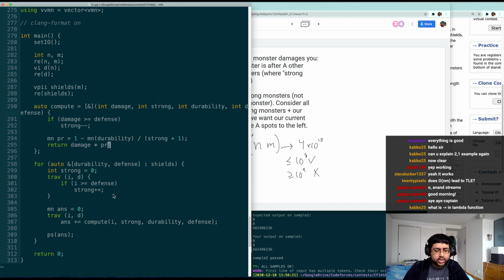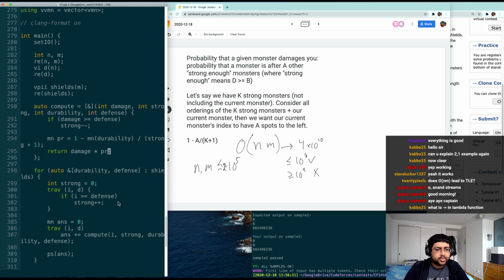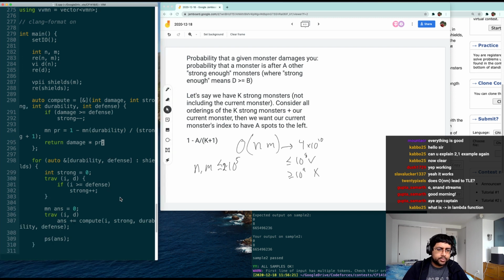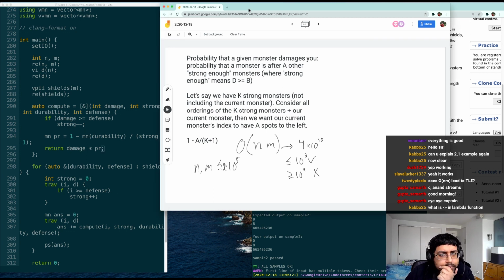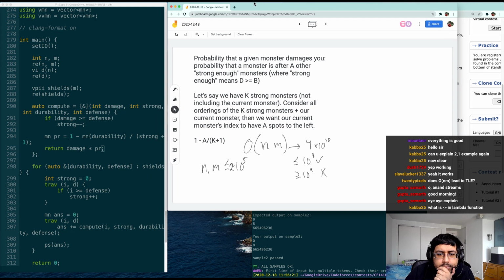So this definitely works, but it could stand to be optimized a bit. So let's think, how can we do this? Okay. So I think maybe what we can do is think about damage saved instead of damage done.